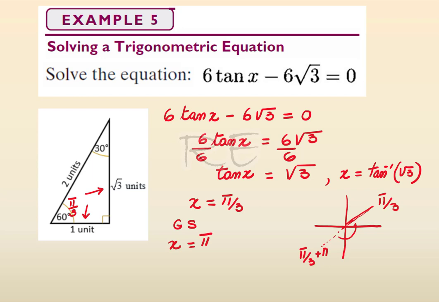So the general solution is just pi over 3 plus k pi. Since the period for tangent is pi, and if k is an integer, anytime you add k pi to pi over 3, you get a solution. 4 pi over 3 and so on and so forth.